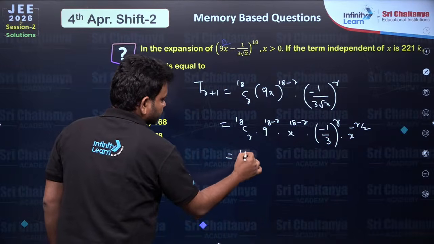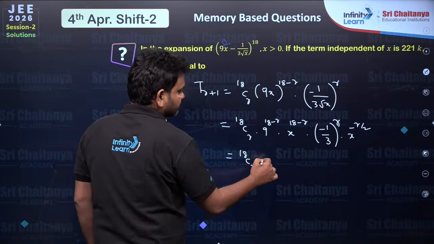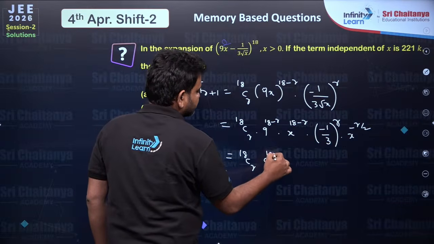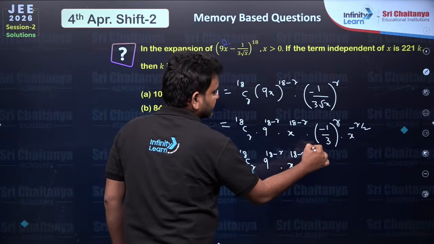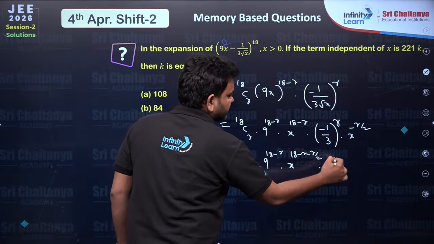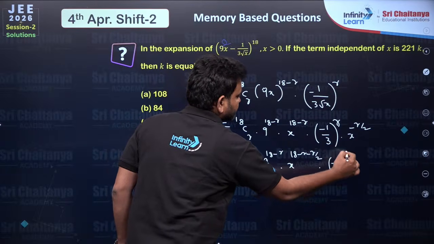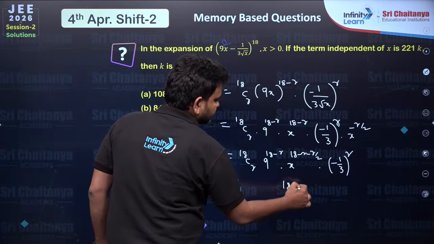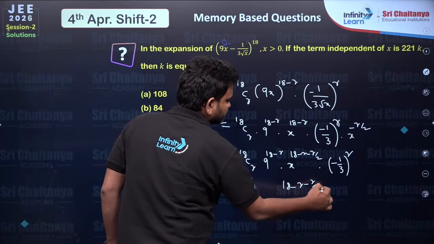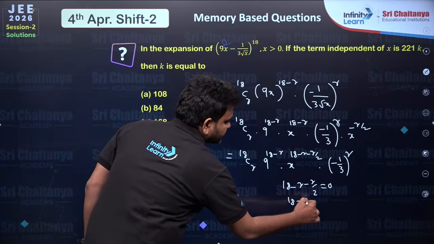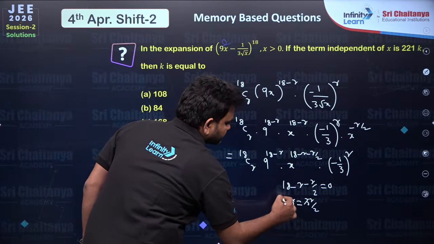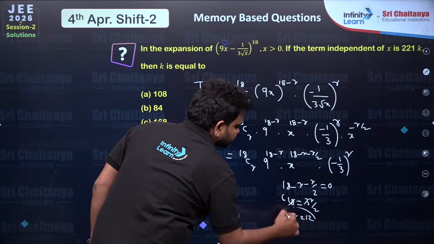So this is going to be simplified into 18Cr, 9 power 18 minus r, and x power 18 minus r by 2, and here I have (minus 1 by 3) power r. So children, as we are looking for the term independent of x, this needs to be equal to 0. So 18 is equal to 3r by 2, so this is going to be 6 here, so r you are going to get as 12.